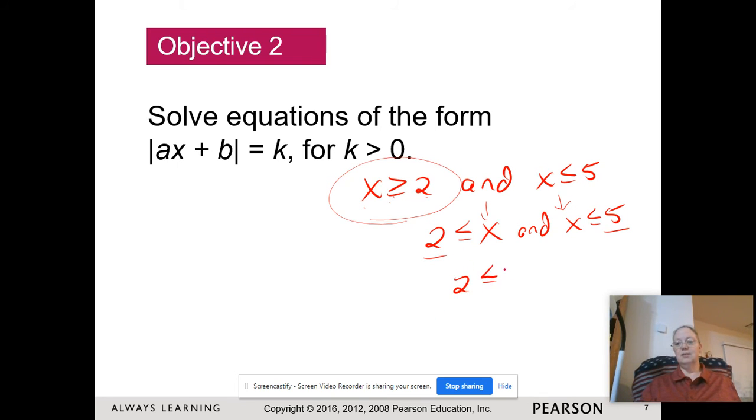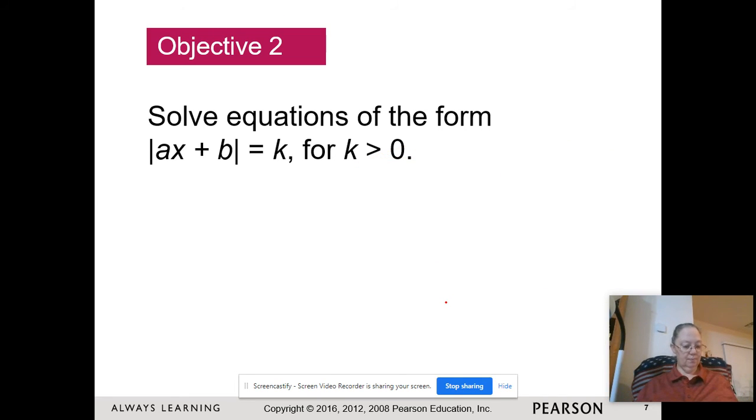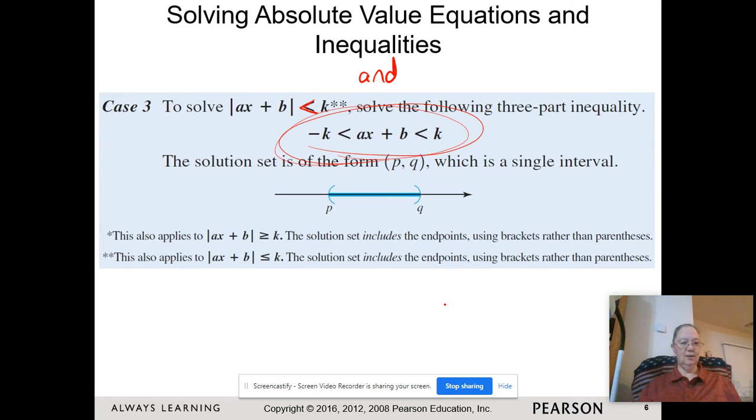So when we have this situation, it's really just another way of saying the intersection, or and. So when we look at the previous slide, this might make a little more sense why we use the intersection.